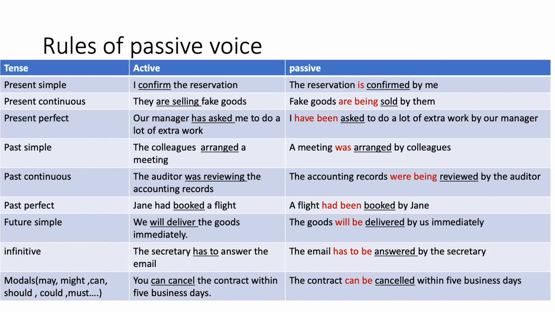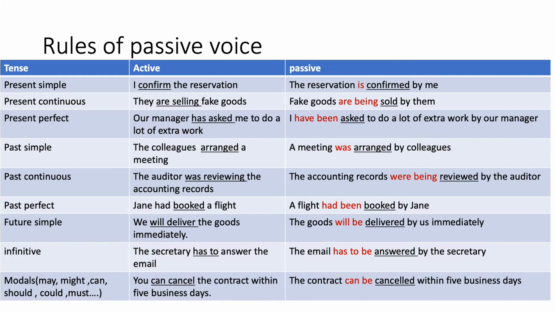Of course, if this verb is in the infinitive, "to be" also has to be kept in its infinitive, to be, okay? Plus, of course, the past participle, which is the rule: answered, by the secretary.